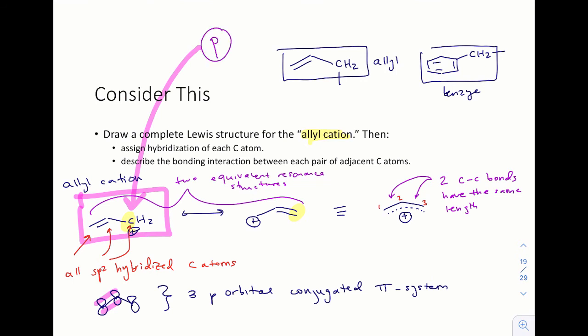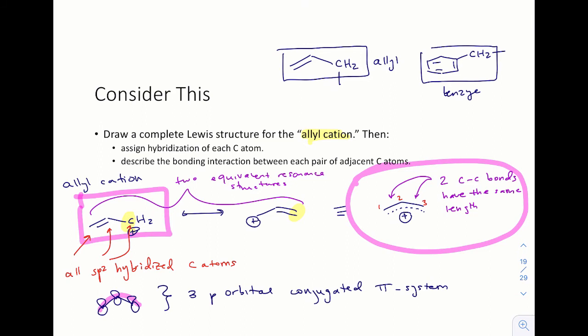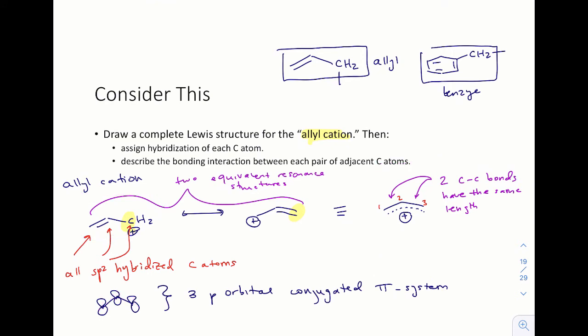Well, that's oversimplified. Really, all 3 atoms have p orbitals that are all overlapping at the same time, best described by the composite resonance structure. And in fact, if we could observe this cation, we would observe that both carbon-carbon bonds have the same length. That's because the molecule is best described by this resonance structure, because there is a conjugated pi system.